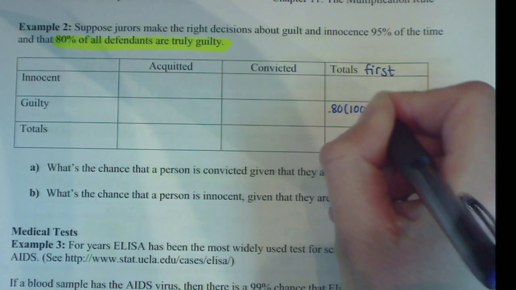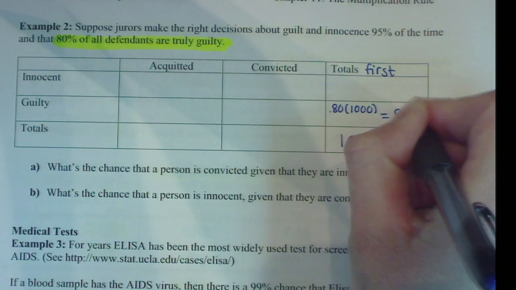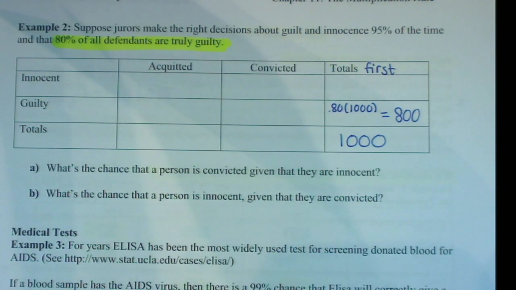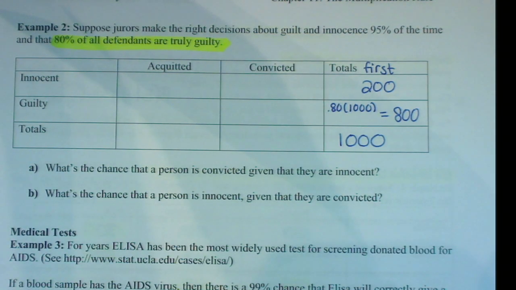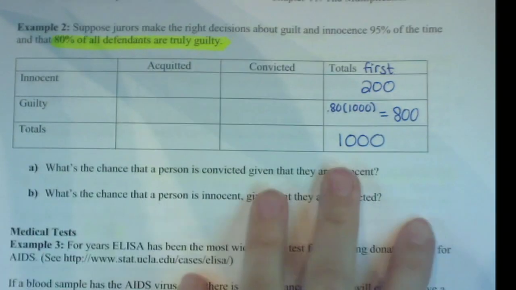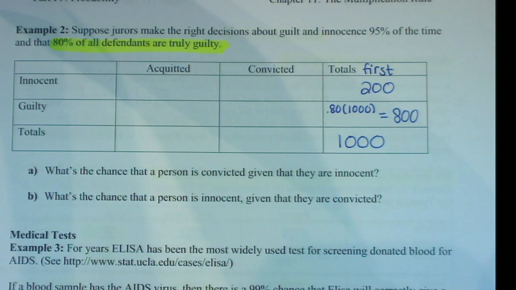So 800 of them are guilty, which means 200 of them are innocent. So always fill out your total column first. You'll know how many people there are total. I just gave you guys the 1,000. We could have done 100 if we wanted to. We could do 500. We could do whatever. And then now we can fill out the rest.